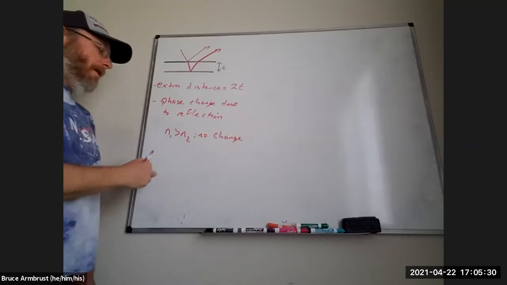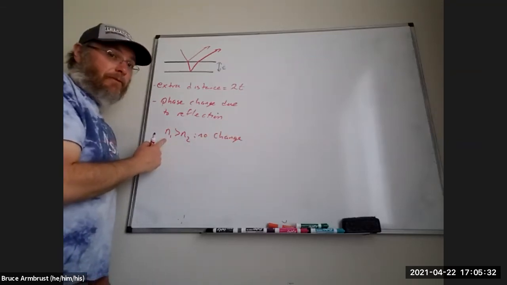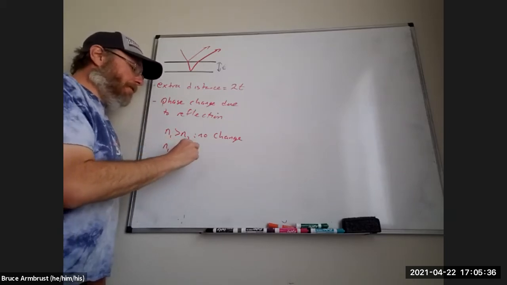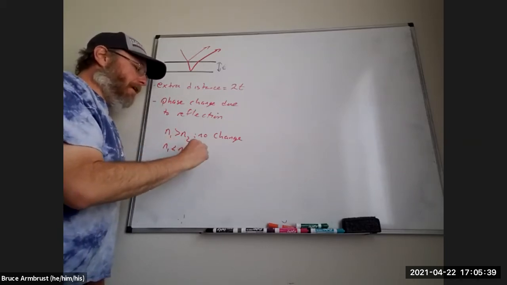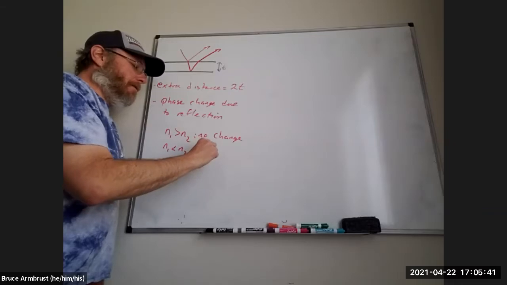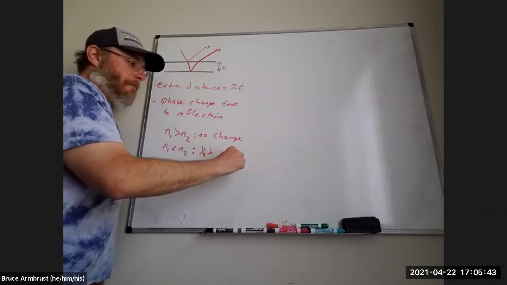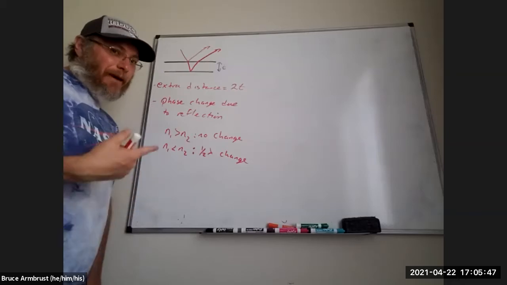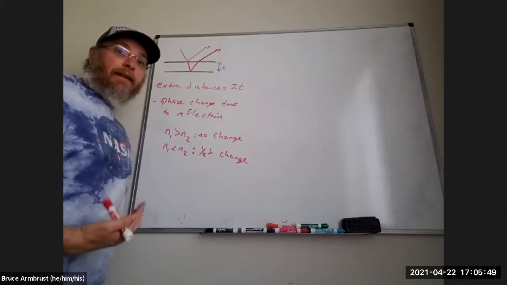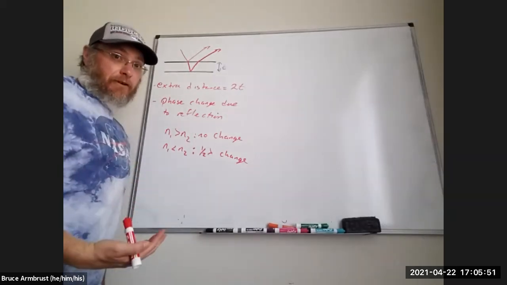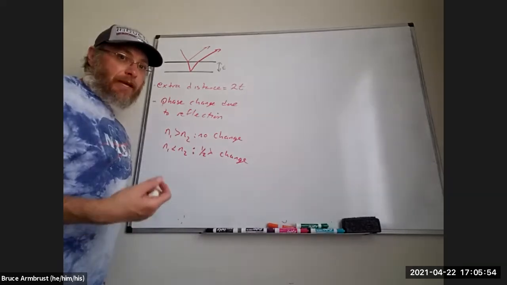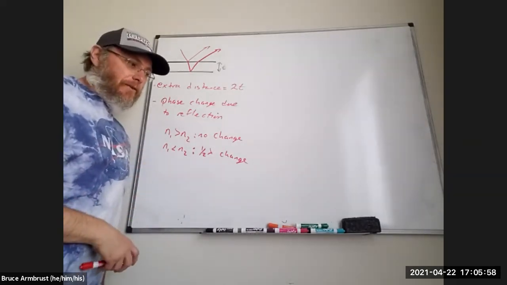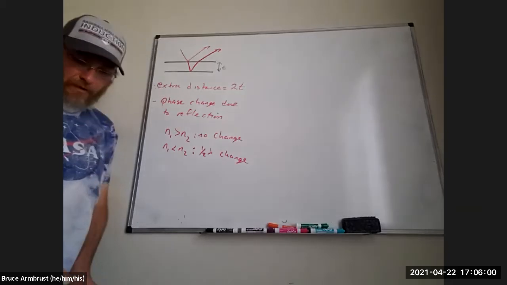So if we're going from a bigger index of refraction to a smaller one, there is no change. But if n1 is less than n2, then it shifts by half a wavelength. We need to keep that in mind when we look at whether we have constructive or destructive interference.